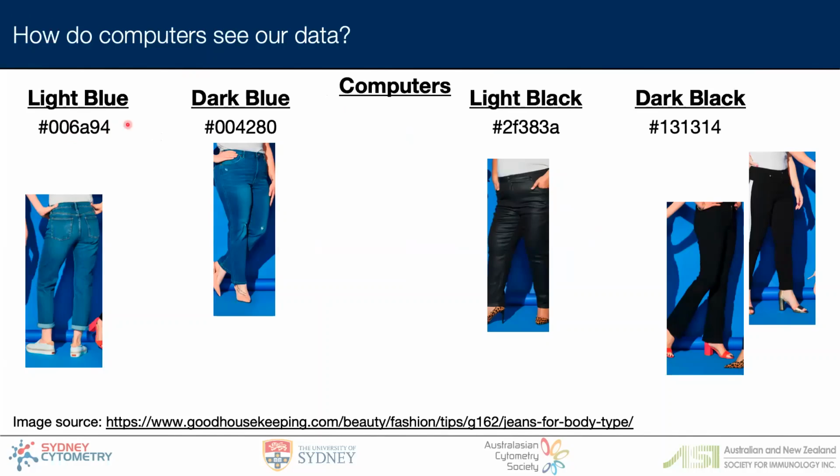What I've got here are different color codes that represent the colors of these specific genes. A computer is able to add a code like this, and then it can directly compare between them. It will say, this code is different to this code, so these must be 2 different groups of genes.